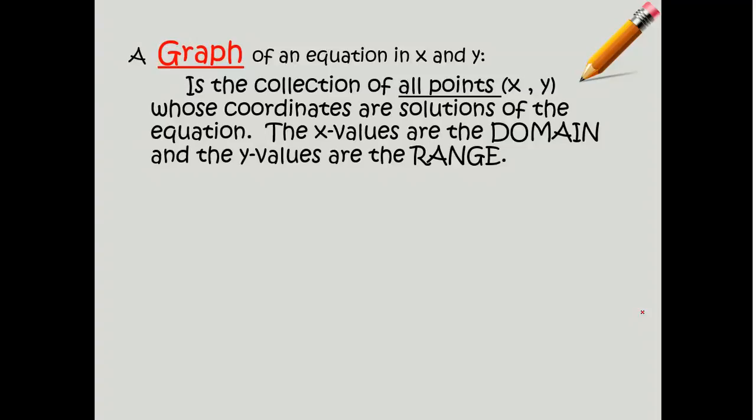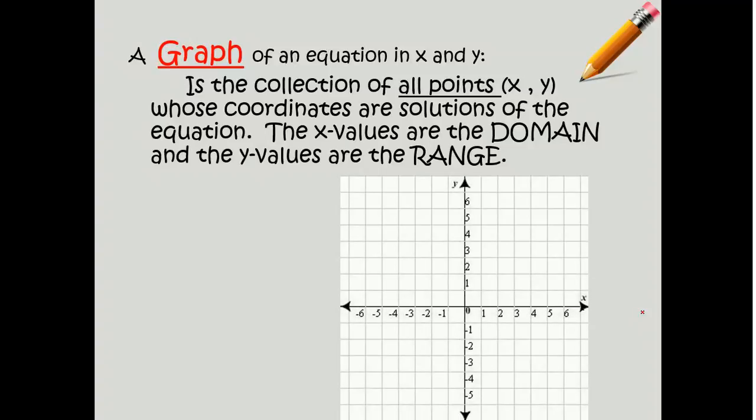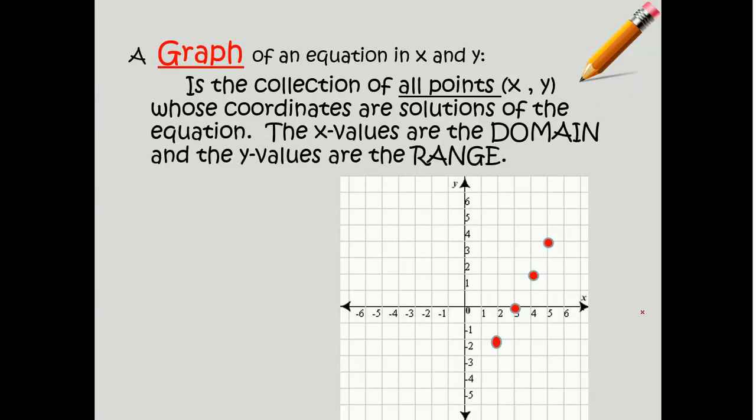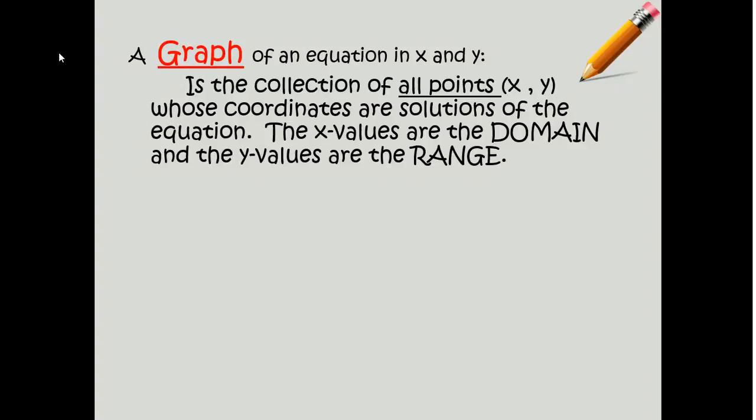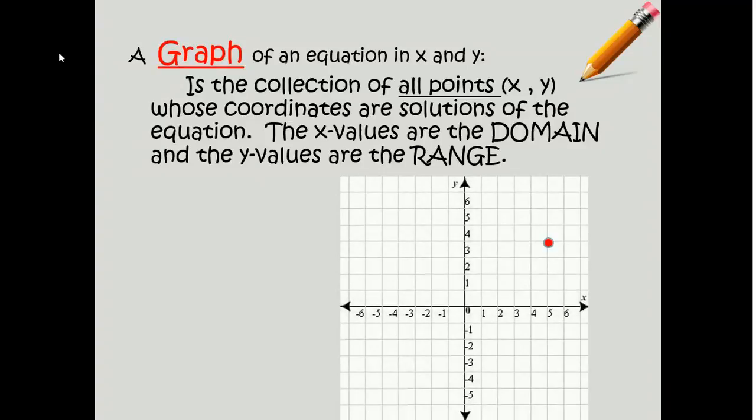So if I look here at my graph, and I graph all these points, I know that those are all solutions to my equation. Each dot I put on that graph is a solution to my equation.